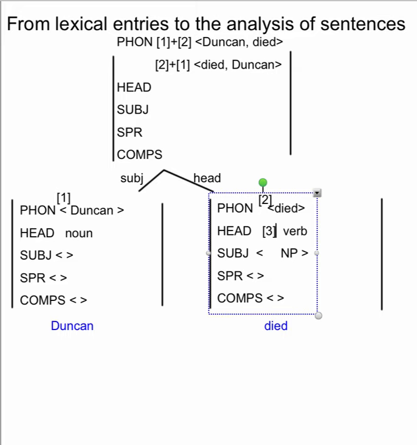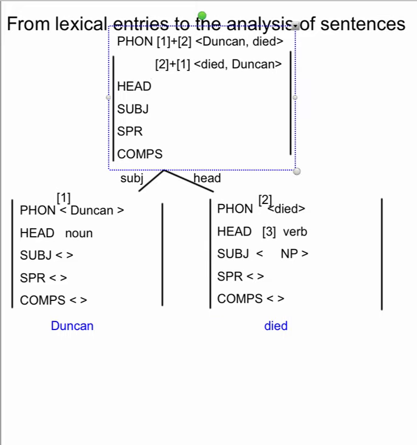That one is identical with the head value of the mother. So you can nicely see the use of tag. I just put the tag 3 here, and this means this value here is exactly the same as the value here. They're both referred to by the tag 3.